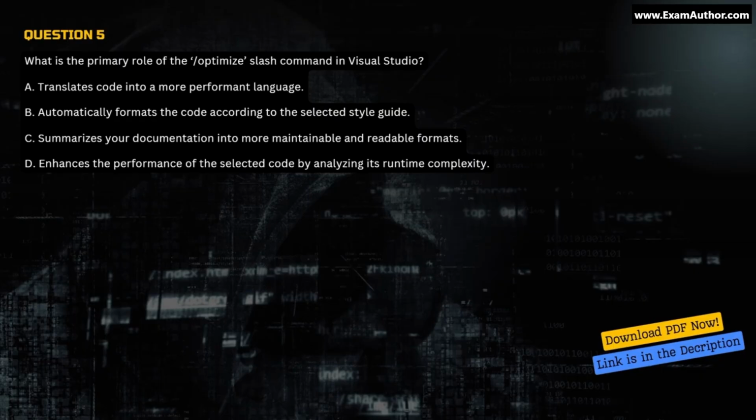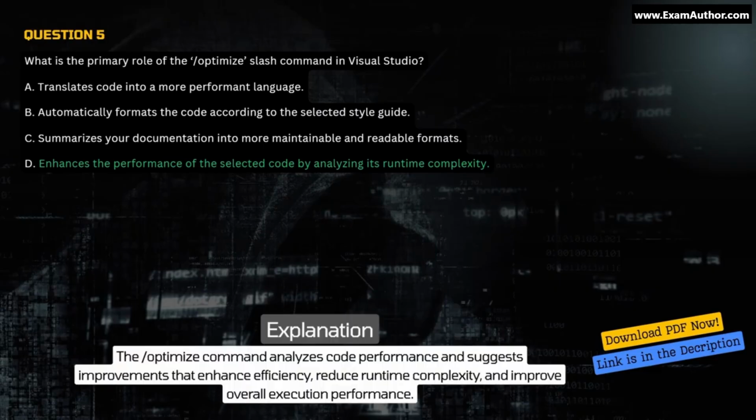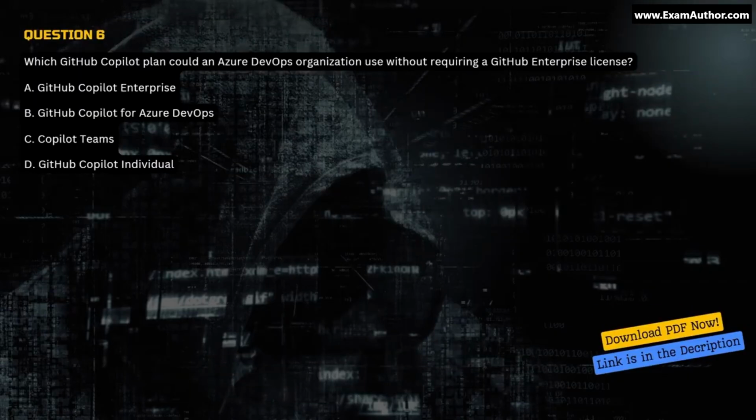Correct answer D. Enhances the performance of the selected code by analyzing its runtime complexity. Explanation. The /optimize command analyzes code performance and suggests improvements that enhance efficiency, reduce runtime complexity, and improve overall execution performance.